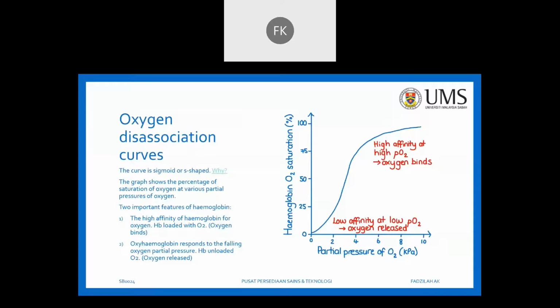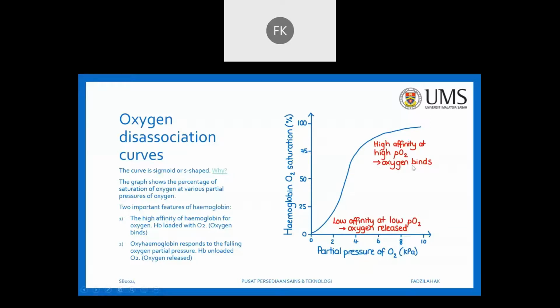You see that when the partial pressure of oxygen is low, affinity is low, so at low pressure, oxygen will be released. High affinity at high partial pressure of oxygen, oxygen will bind.